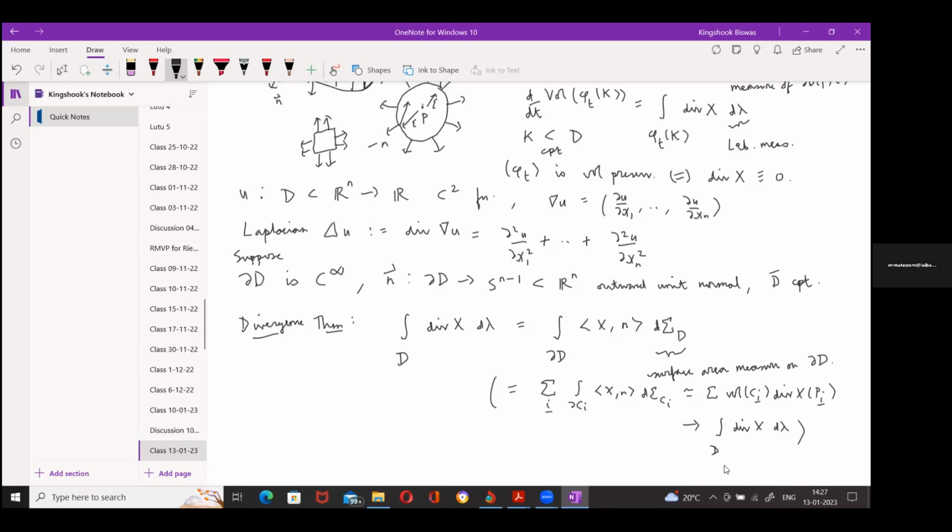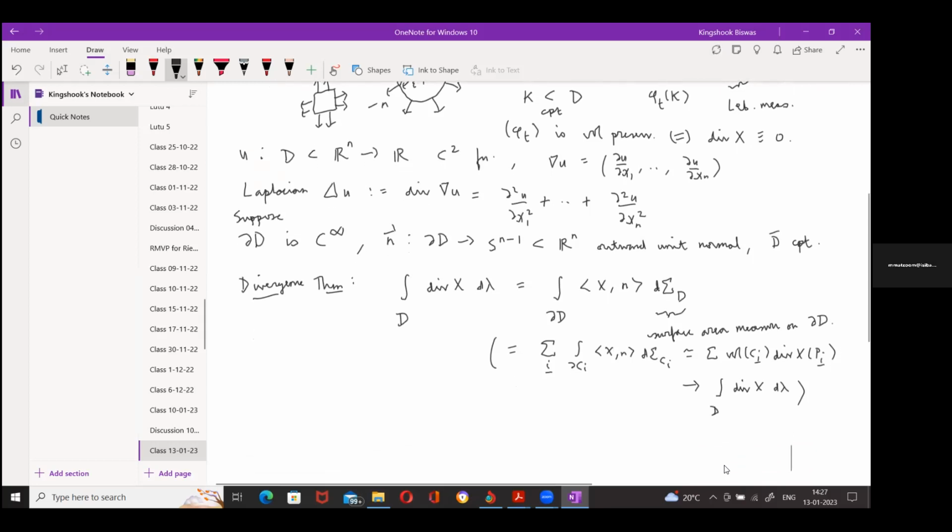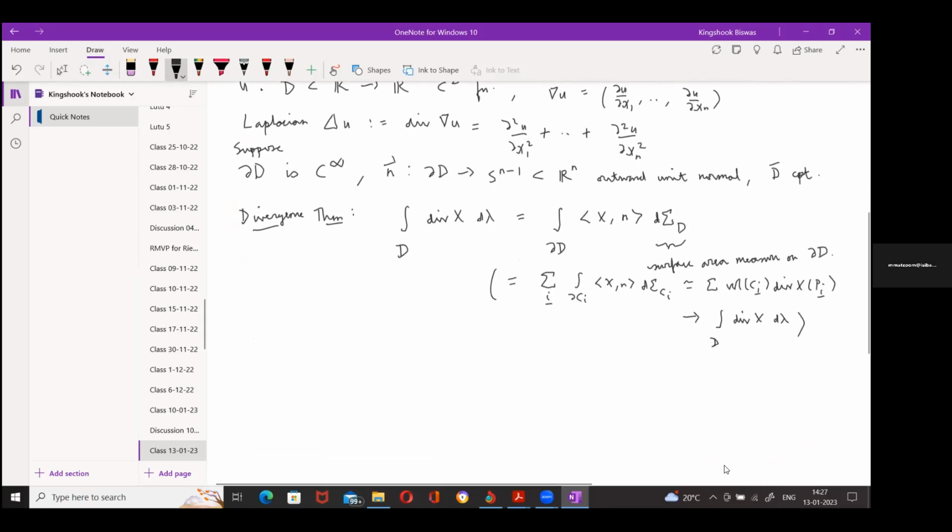All right. So we have the divergence theorem. In particular, this leads to the following. Suppose I have my function u.